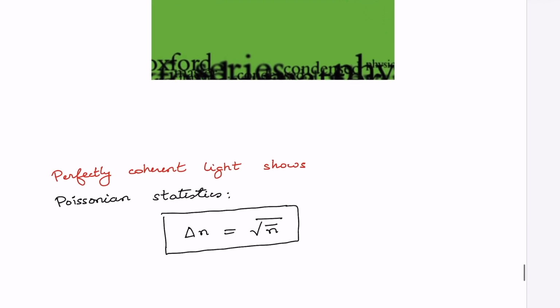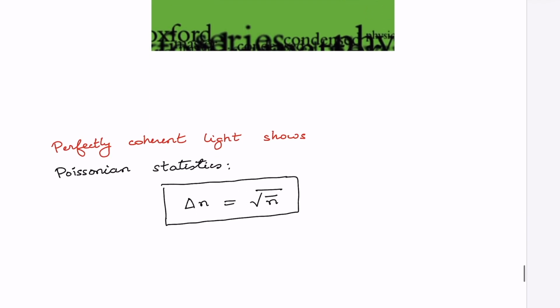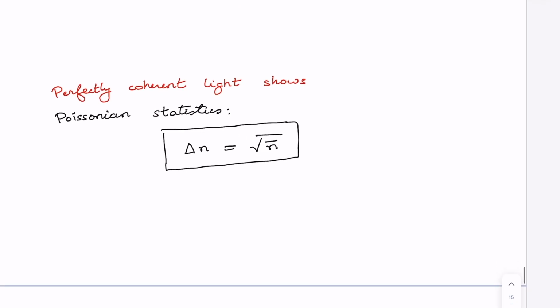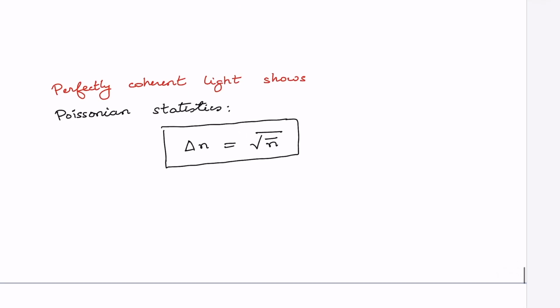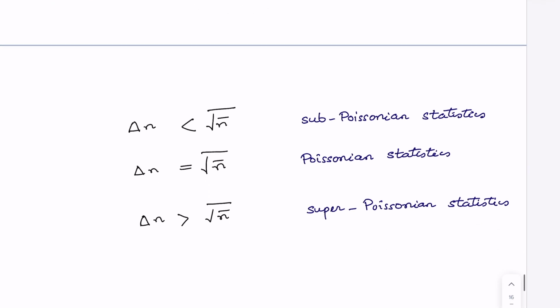In fact, this equation provides us a benchmark for classifying other types of light according to the standard deviation of their photon number fluctuations. There are three possibilities. When the standard deviation delta n is less than the square root of the mean photon number, then such light is said to follow the so-called sub-Poissonian statistics.